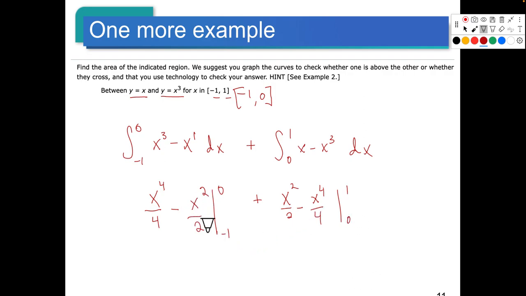So we do our calculations. When we plug in -1, since these are even powers, they're going to become +1. So it's going to be 1/4 minus 1/4. When we plug in 0, we get 0 over 0, so that's just 0. That would be easy, right?